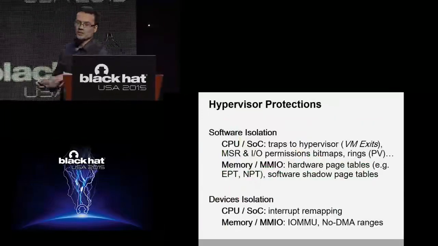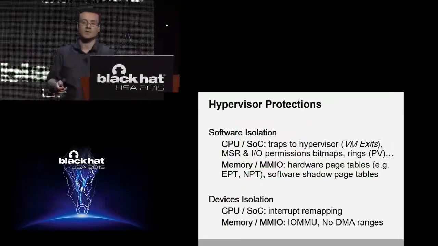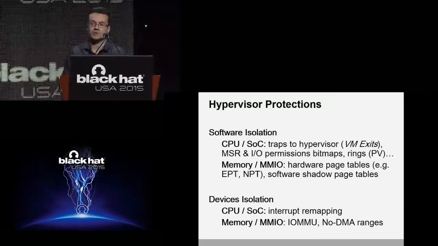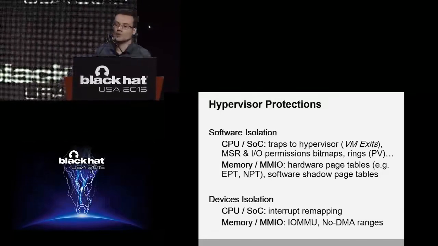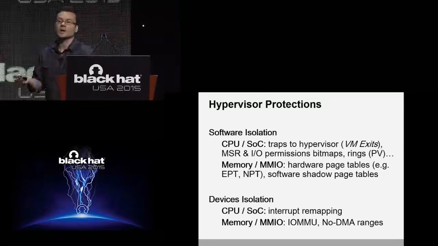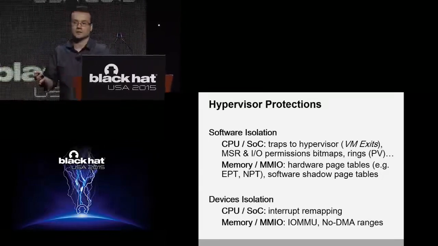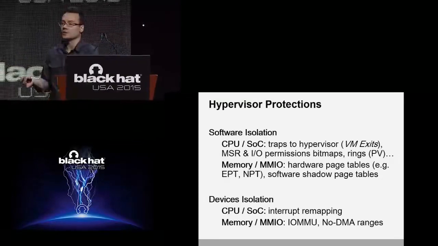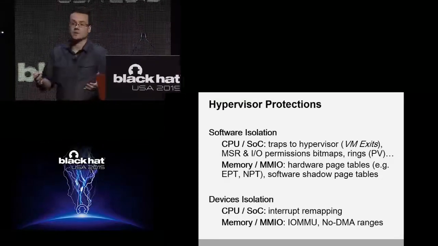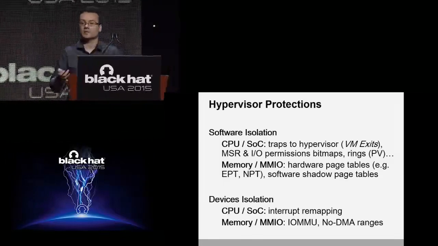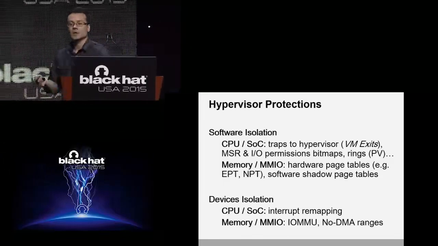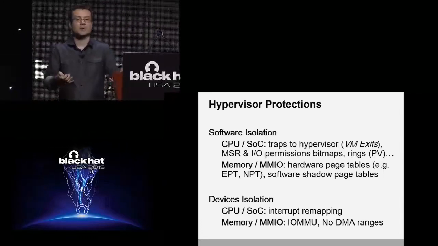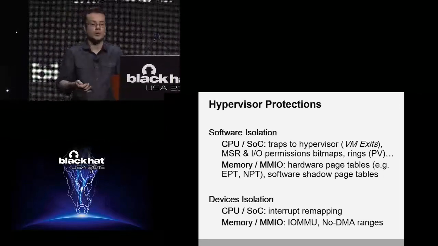So, the summary of the protections that today's hypervisors use: some of them are software protections, some of them are hardware protections. We can break them down into two big classes. The first is the protections that provide software isolation. Specifically, hypervisors trap on certain events or instructions executed in the guest OS, and they use permissions that define whether a guest OS can access certain model-specific registers in the CPUs or I/O ports.